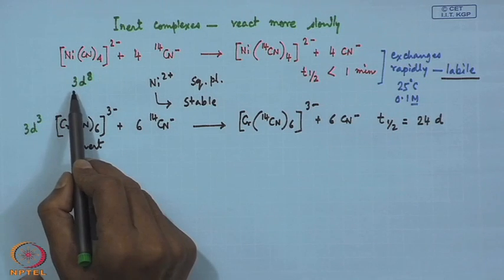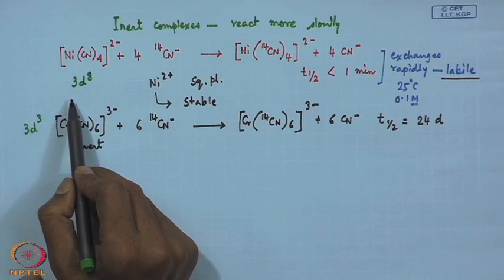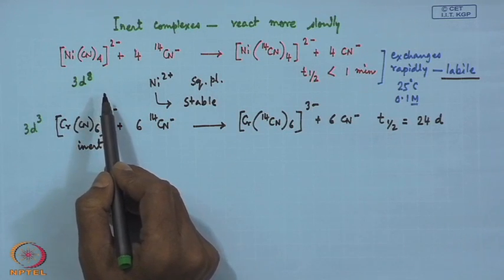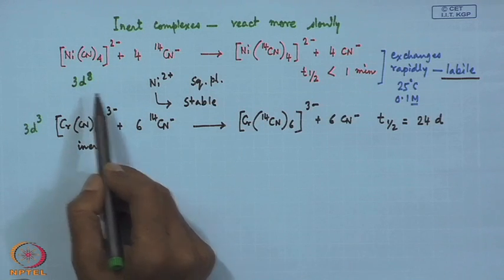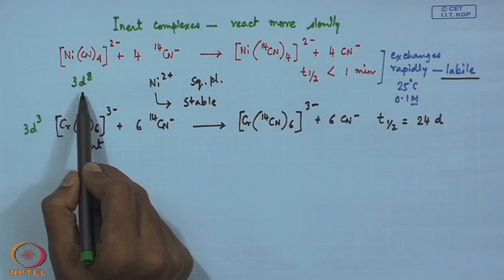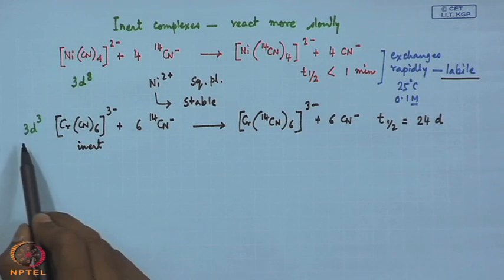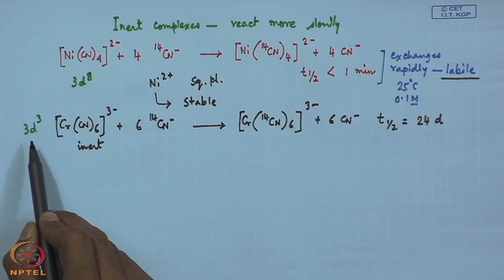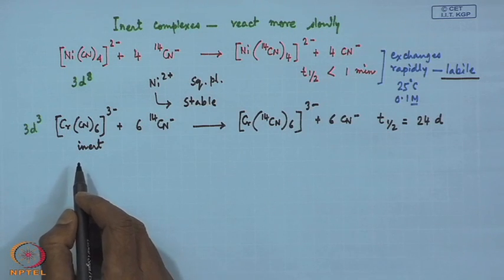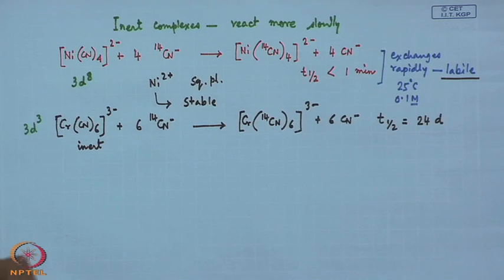So, for 3d8 in square planar geometry, we expect that it can also give rise to some inert compound, but we are not getting this inert compound in case of nickel, though expectedly we can have this for palladium and platinum compounds, but in case of chromium for the first transition series element it is a kinetically inert compound. So, we get basically a compound like this which is inert.